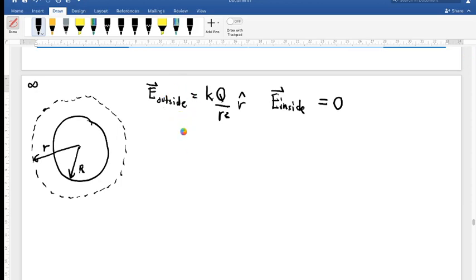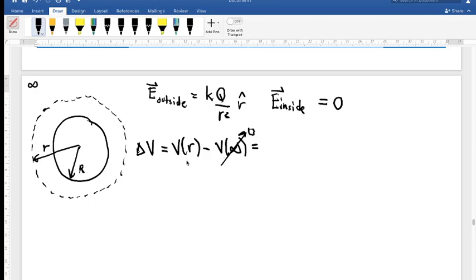So yeah, we have to find the potential here at a point outside. The potential difference is equal to the potential from point R to the potential at infinity, which is 0.